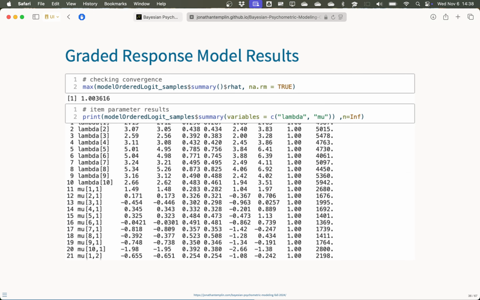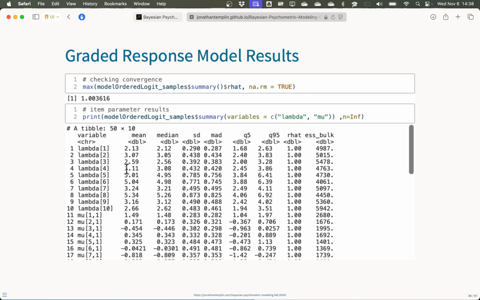So if we want to think about what this means, mu of 1.49 means that when theta equals 0, or for an average theta, we would expect the log odds of the probability of being in category 1 or greater, actually in this case category 2 or greater, to be 1.49. That 1.49 is on the positive side of 0, so that would be a fairly large probability. Okay, next.